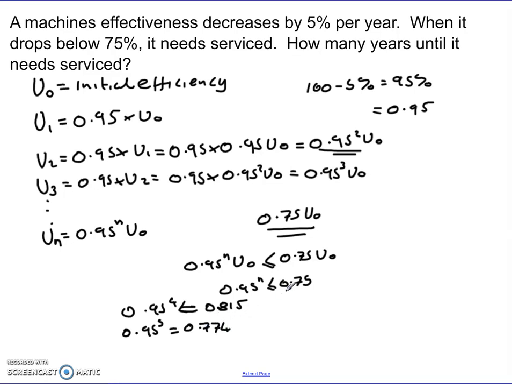It's not quite hit the 0.75 yet, but it's getting close. I then do the next year, my sixth year, 0.95 to the power of 6, and I get 0.735. Now that is less than the 0.75, so it's dropped below that 75% efficiency. So what I can then say is, therefore, after 6 years, it needs serviced.